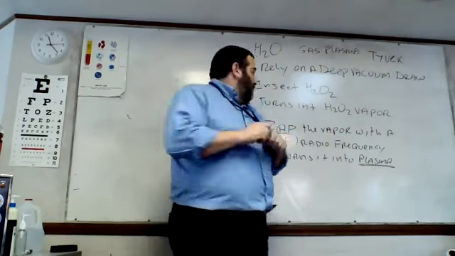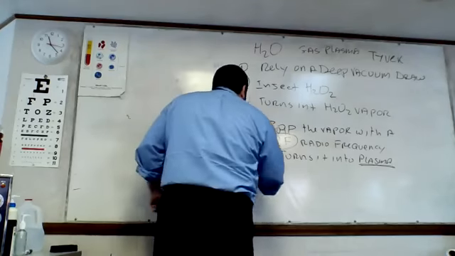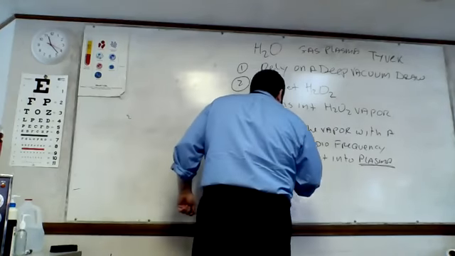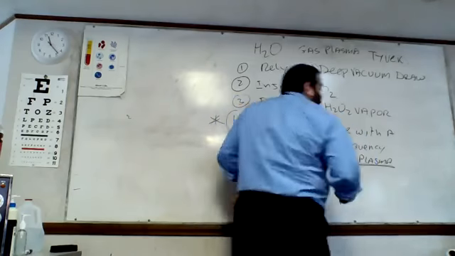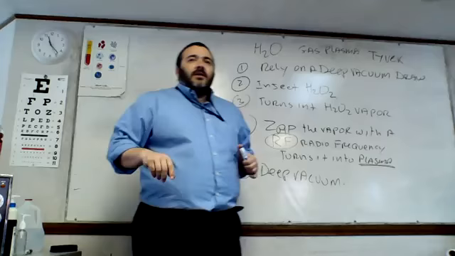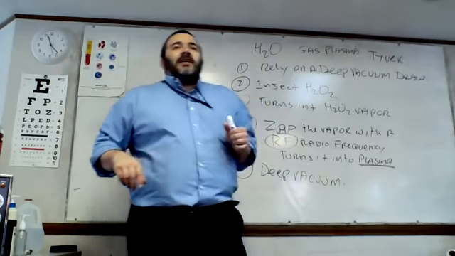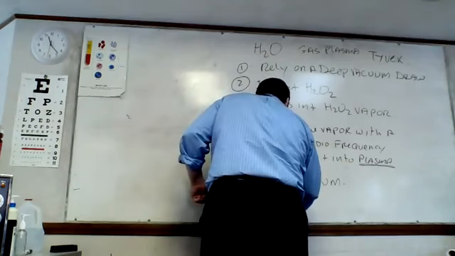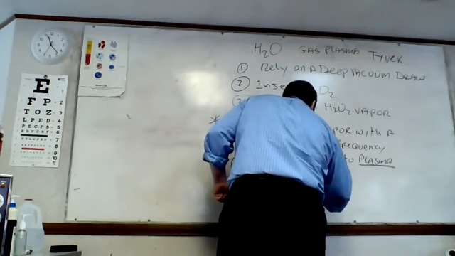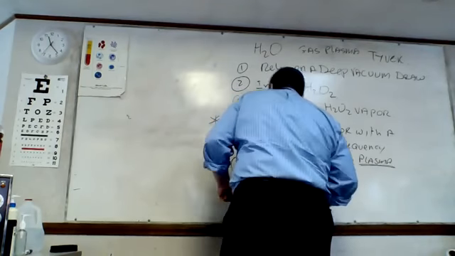After that, step number 5, another deep vacuum to get rid of the sterilant. So now we suck out the gas plasma and exhaust. Deep vacuum and exhaust.